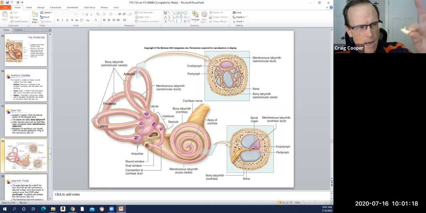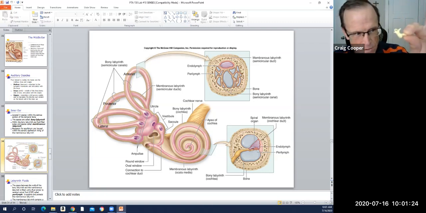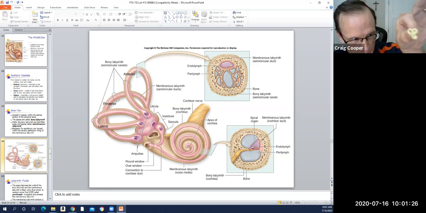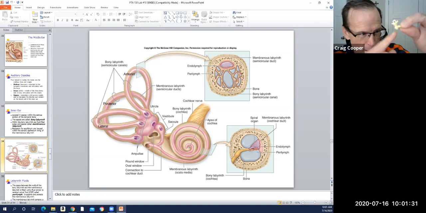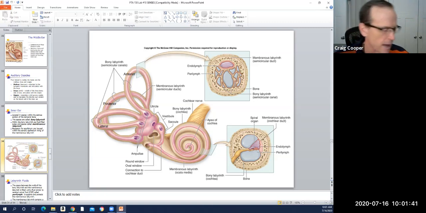I'm holding it by the vestibulocochlear nerve. This is the whole thing. You can see my fingertips and how big that is. There are the little loops, then the cochlea part on the bottom and the vestibular portion on the top. So it's tiny. It's pretty darn small when we look at it.